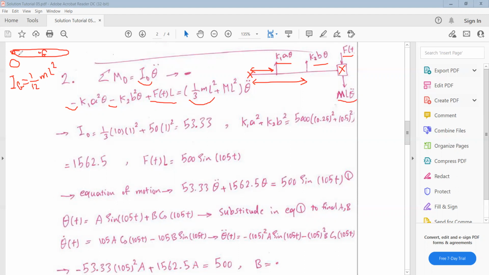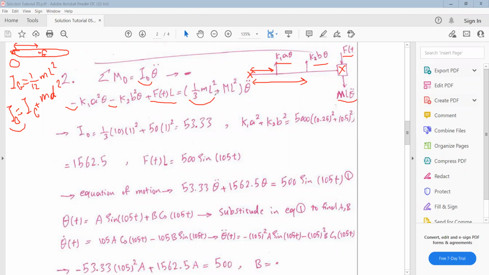If you want to find the mass moment of inertia about point O, this is just to review this equation from dynamics: I_O is equal to I_G plus m D squared, where D is the distance between point O and G, this length. And in this case, it's equal to L over 2. If you substitute here, you can obtain that I_O is equal to 1/3 mL squared.